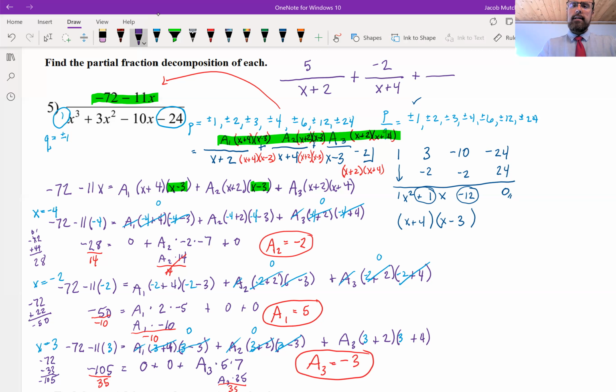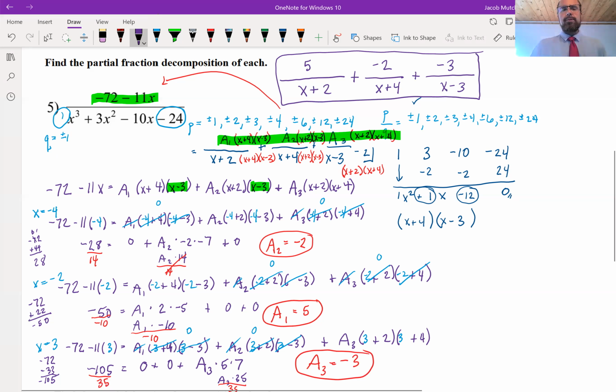And lastly, plus a sub 3, which is negative 3, over x minus 3. And that completes the decomposition of the original rational expression into a sum of 3 much simpler ratios.